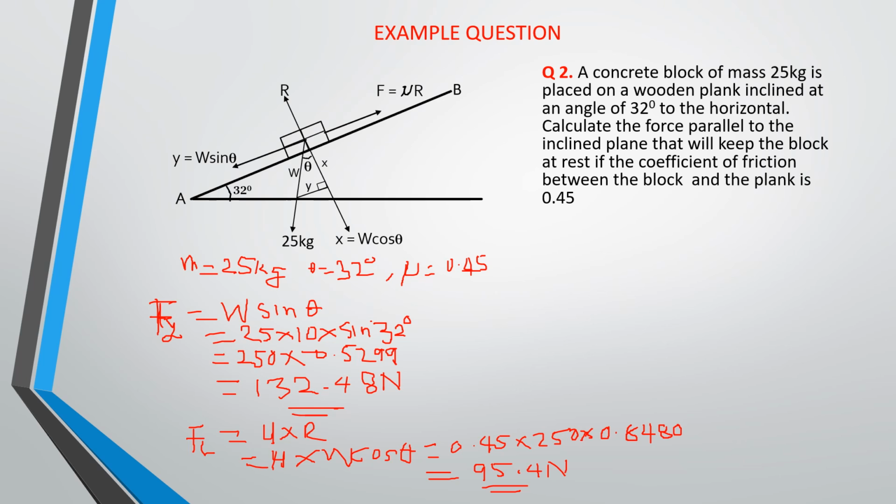Now when you look at this, you see that the force that is acting parallel to the plane is greater than the frictional force. So the force that is keeping this object at rest is the difference between this force that is acting parallel to the plane, pulling the body down, and the frictional force. So for you to get that, you subtract this from this.